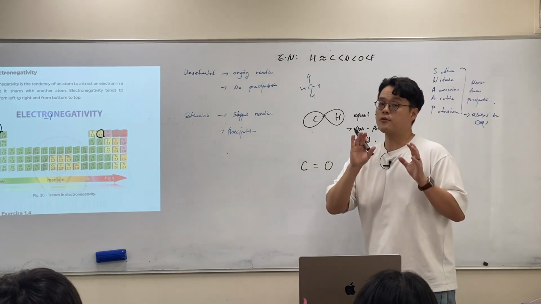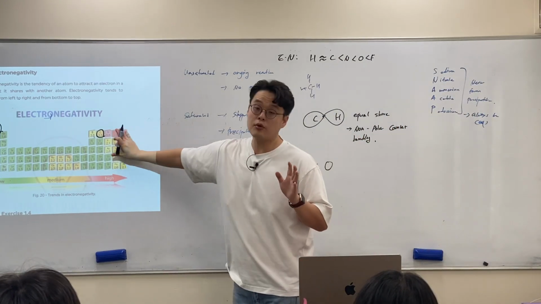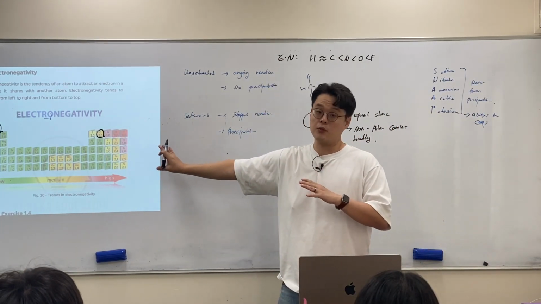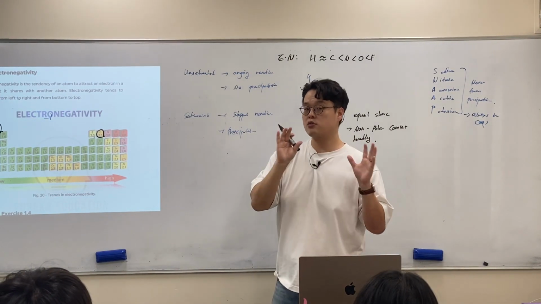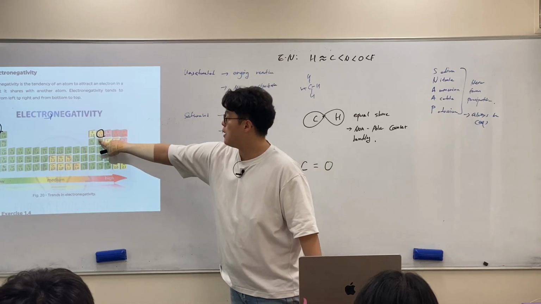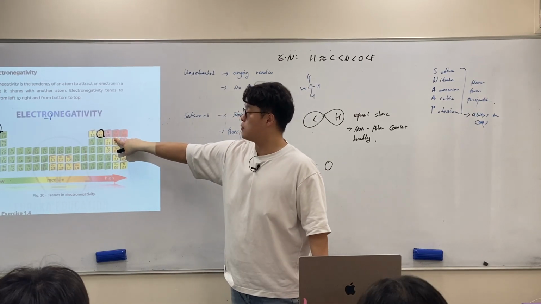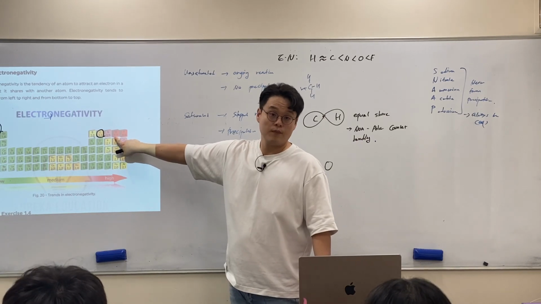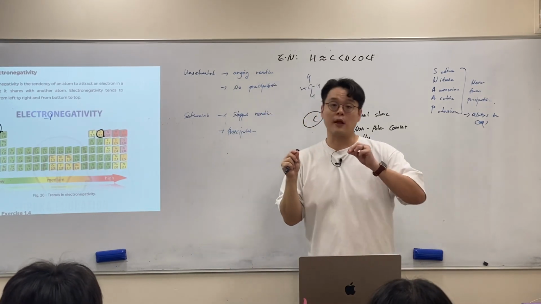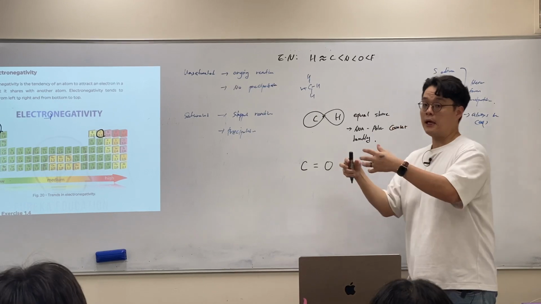What you have to remember here is that you don't have to remember the numbers. It will not be told in your school exam or whatever. But you can just remember that carbon has really low electronegativity relatively compared to oxygen.